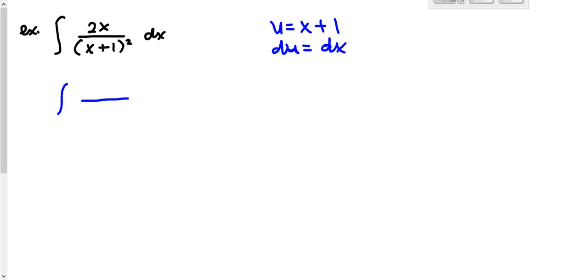So here we will have u squared. dx becomes du, nothing silly there, dx and du are exactly the same. Except on the top we still have a 2x. So this is where we go back to the u and solve for x.